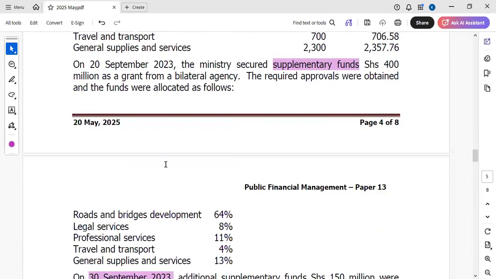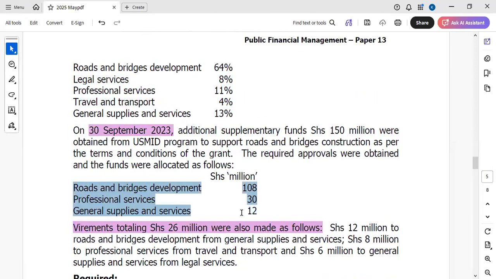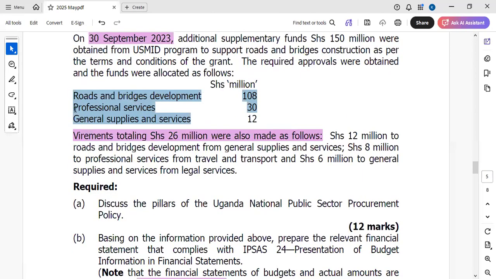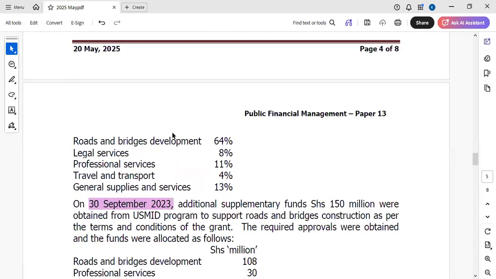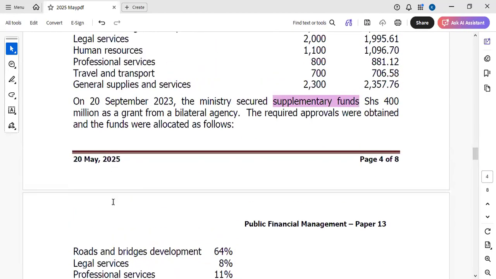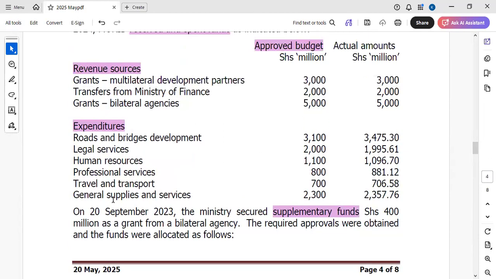One, we needed to adjust these items. Even here, we needed to do the adjustment. So you can have the working, regarding these expenditure items, especially those that are affected.